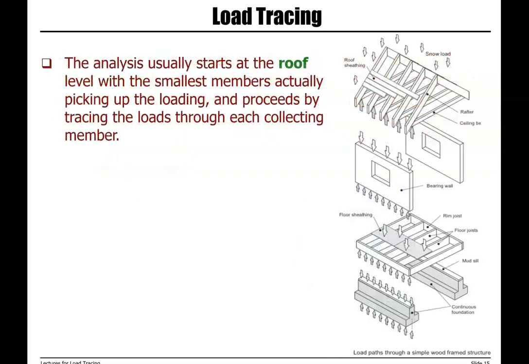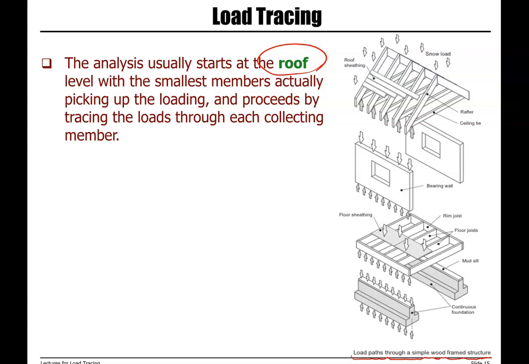So, for example, in this slide, you see the load path through a simple wood framed structure. The analysis for load tracing usually starts at the top of the structure, so the roof, with the smallest members picking up the loading, and then we proceed by tracing the loads through each collecting member.